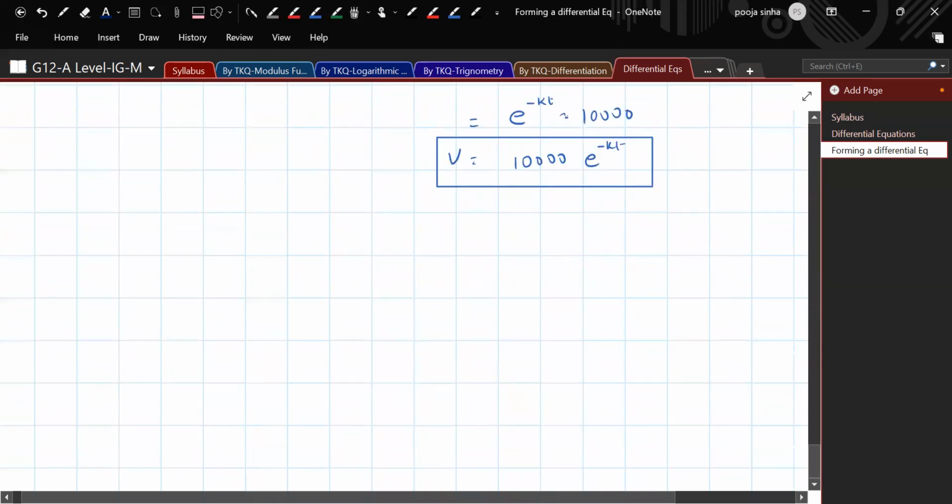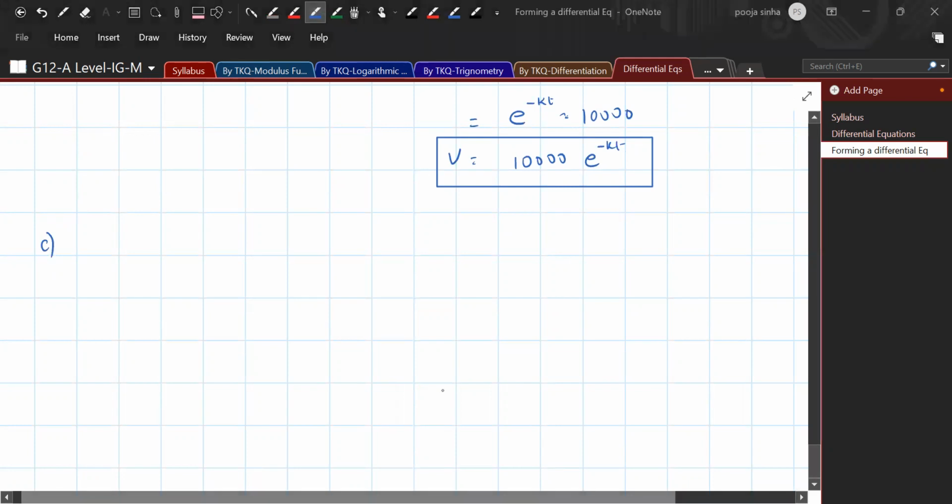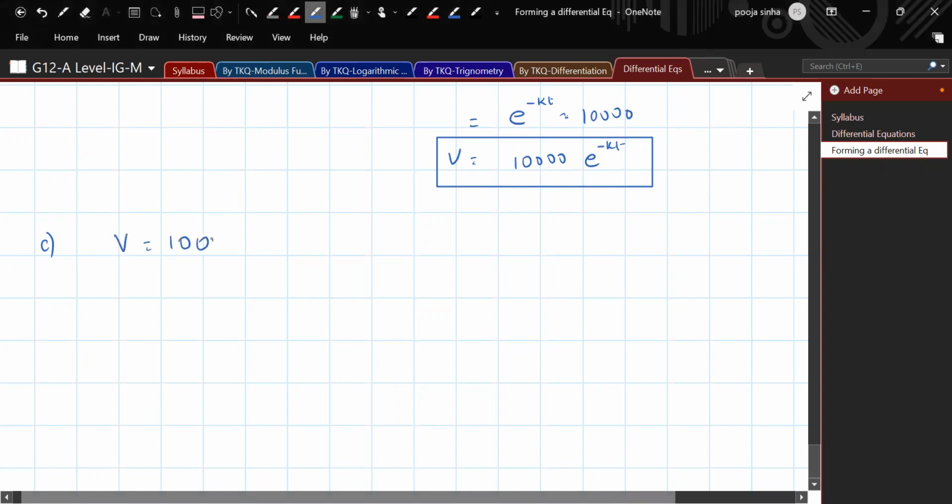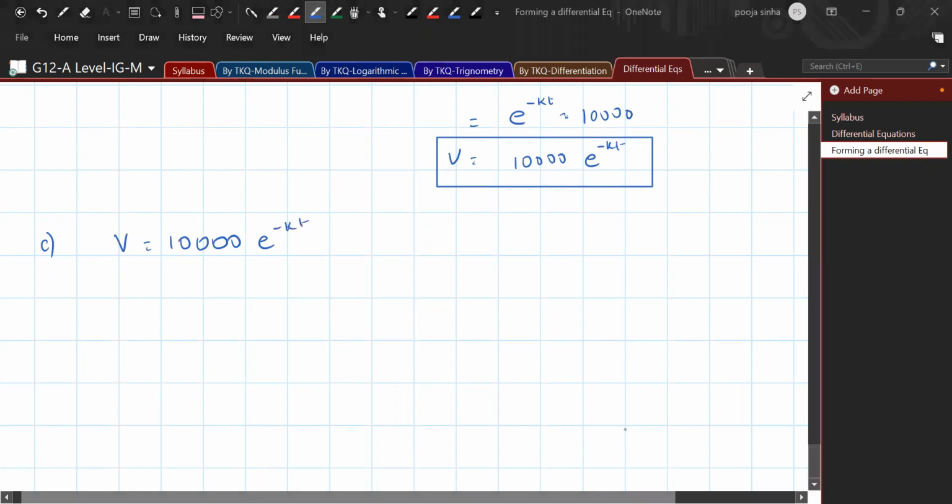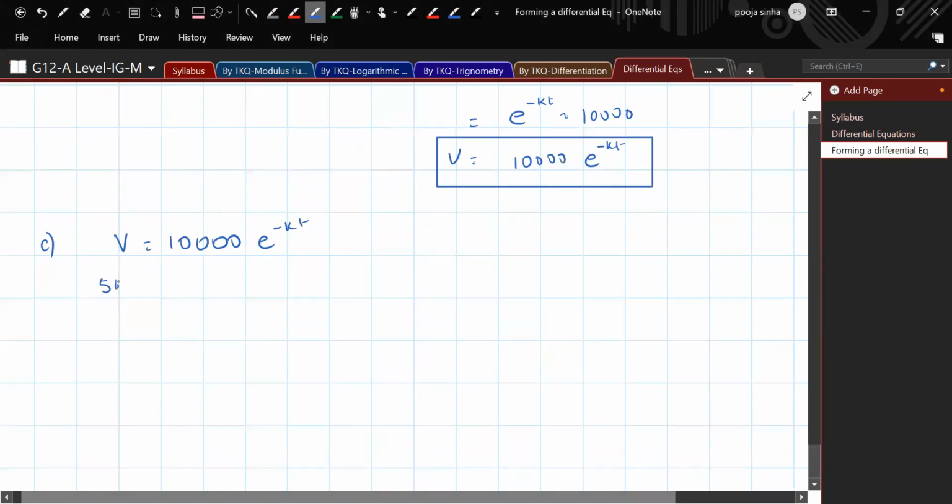So let's solve this further. Now for part C, we use this last equation. V is equal to 10,000 e raised to power minus kt. What is the value now? It has become 5,000. So we'll write 5,000 is equal to 10,000 e raised to power minus k into 3.